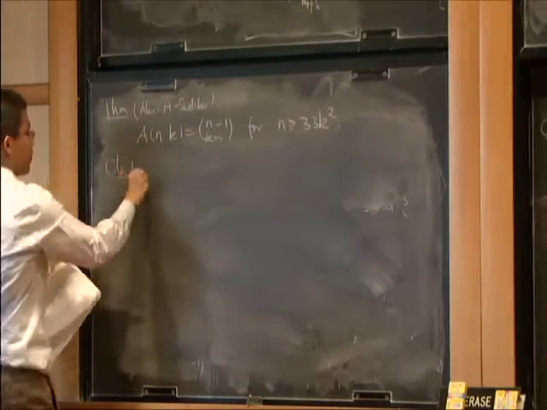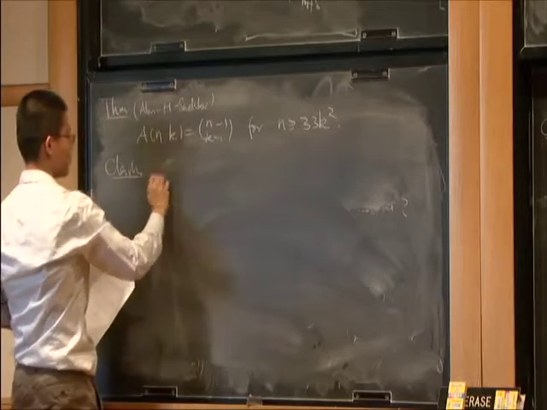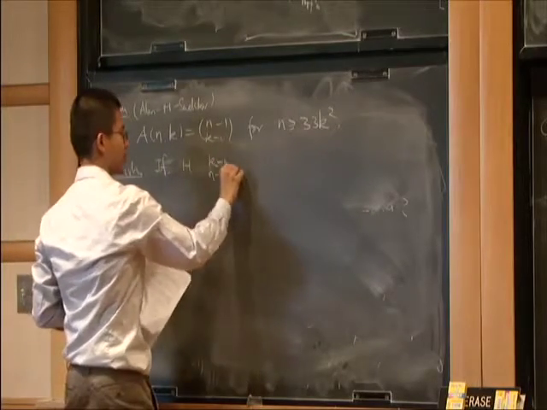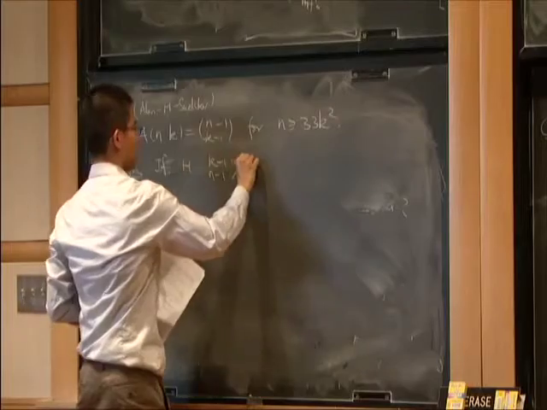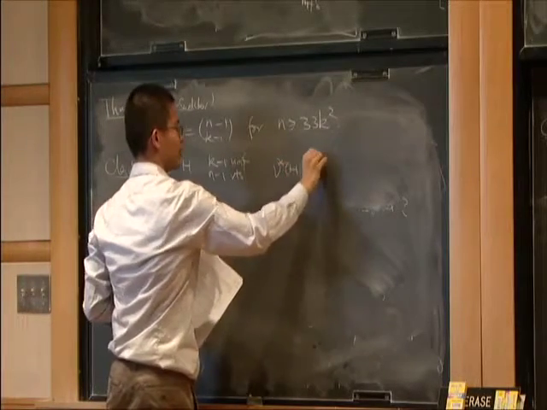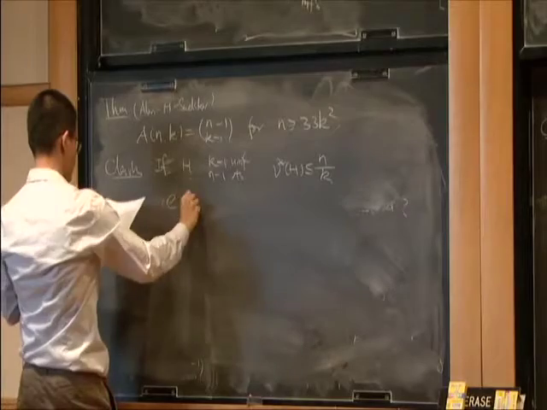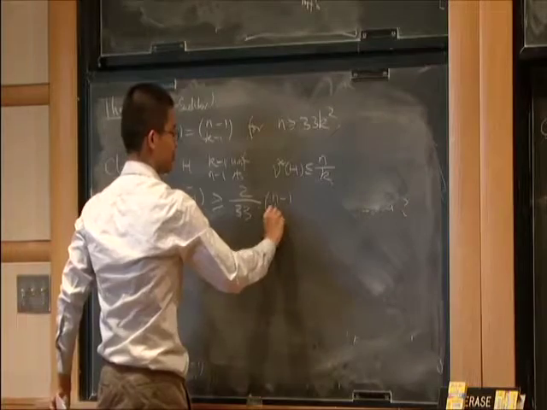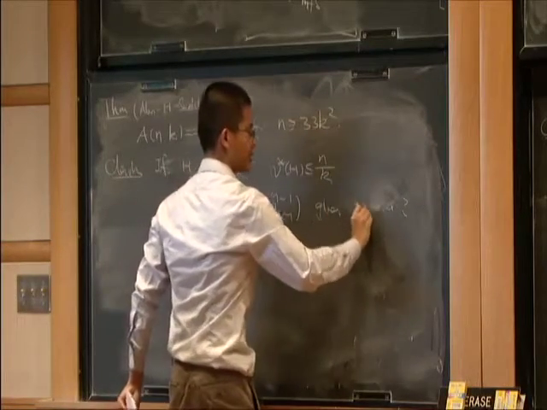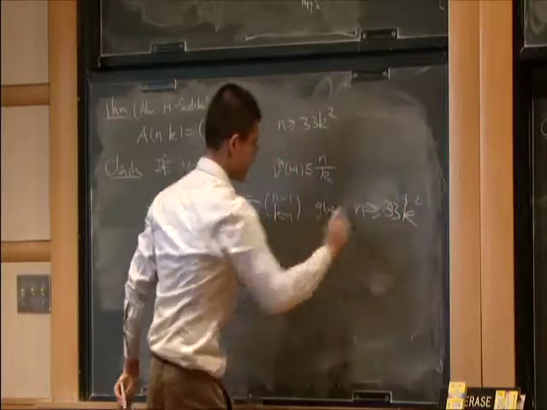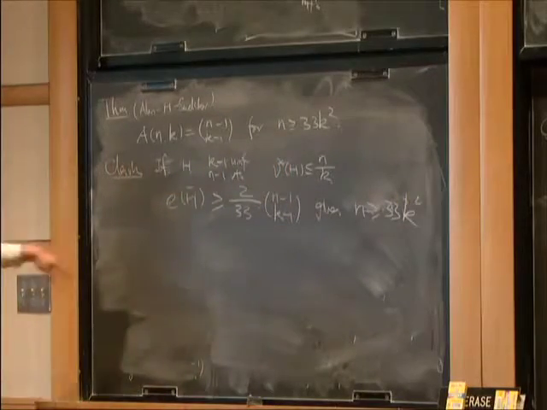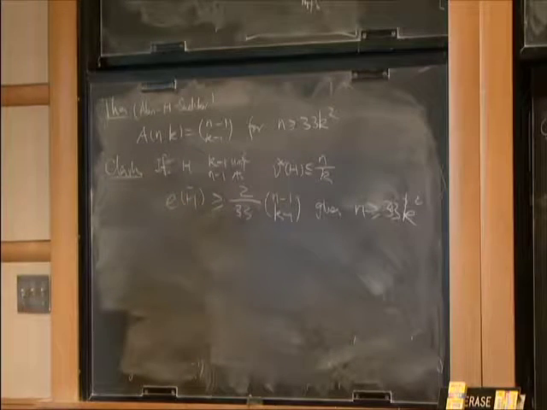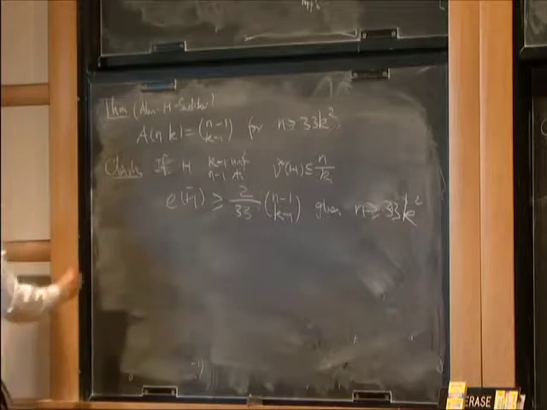In order to solve this, we only need to show that if a hypergraph is k minus 1 uniform on n minus 1 vertices and nu of H is at most n over k, then the number of missing edges is at least some constant times n minus 1 choose k minus 1, given that n is greater than or equal to a constant times k squared. Then we compare it with 2k squared over n times n minus 1 choose k minus 1, and we get this bound. So I'll just prove this claim.